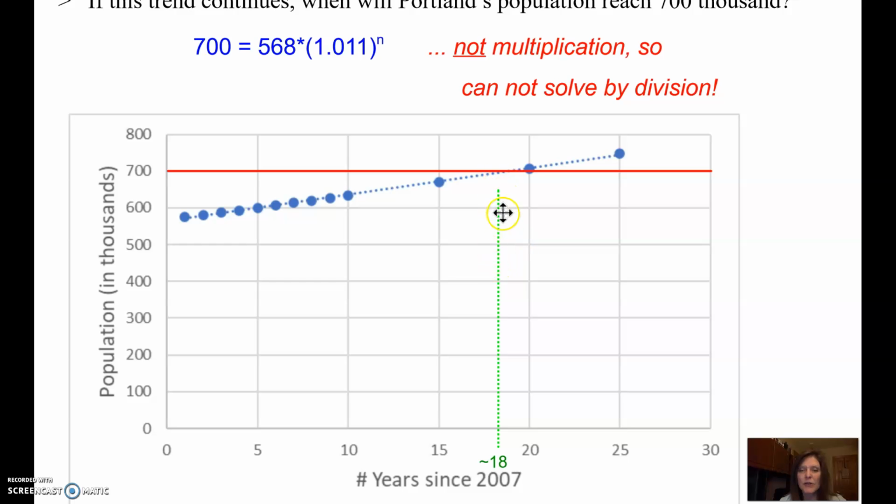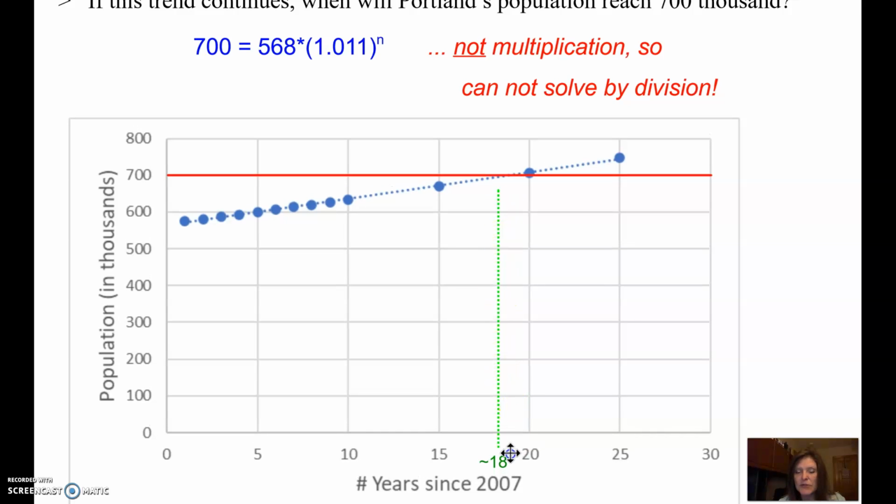And so if I look for 700, it looks like right here is about where it would cross the line, intersect my model. And if I drop down, that looks like at about year 18 after 2007, so I'd have to say 2007 plus 18, 2025.